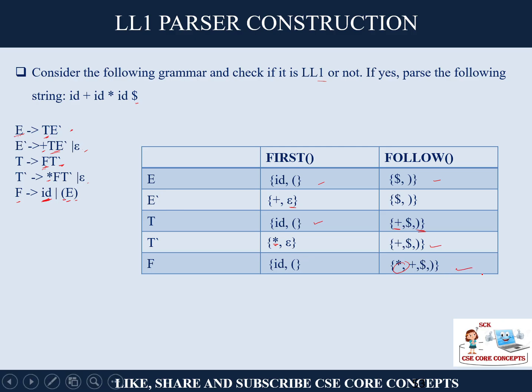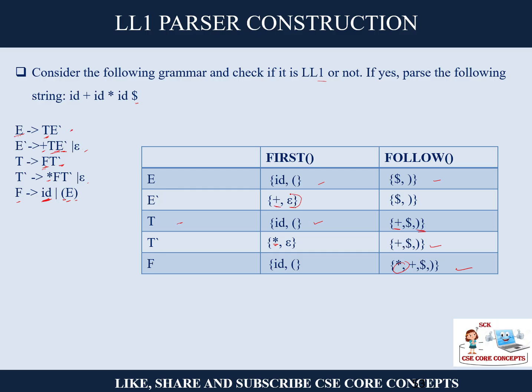Now, students often get confused here. If we are finding the follow of T, sometimes students say that the follow of T is the first of E dash. E dash gives plus, that you will add.